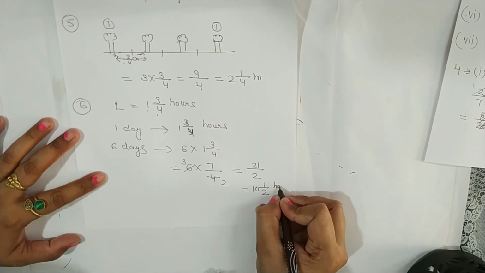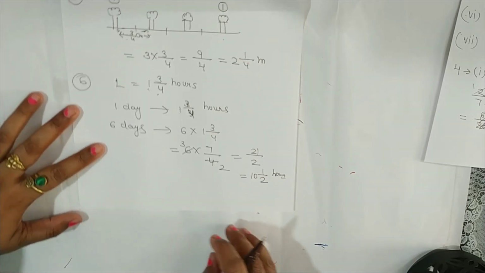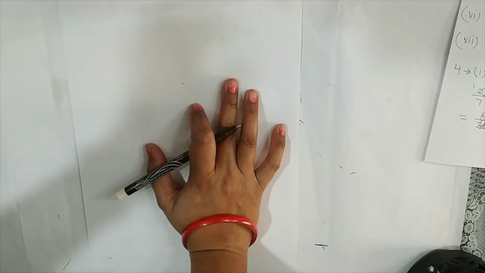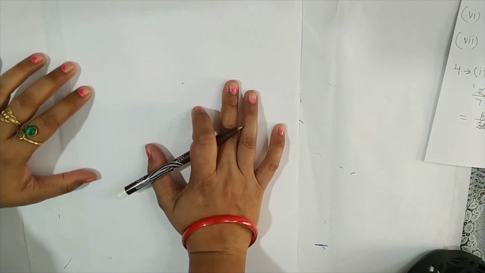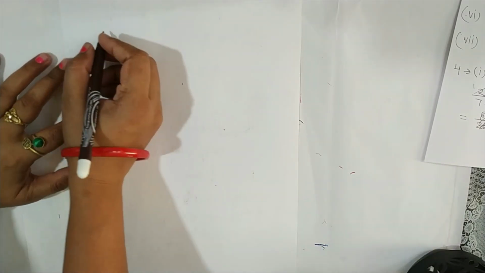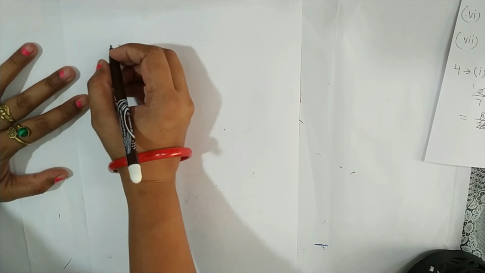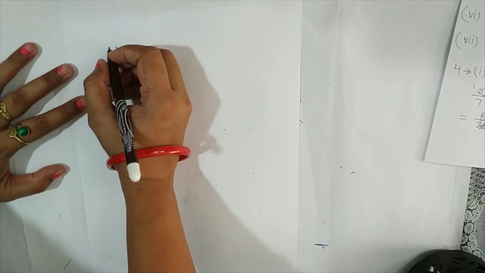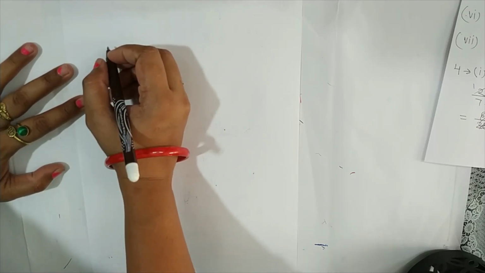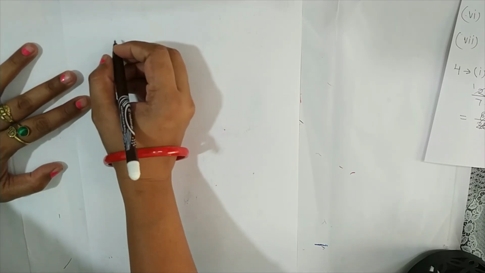Question number 7. A car runs 16 km using 1 liter of petrol. How much distance will it cover using 2 3/4 liter of petrol? So it is very simple.